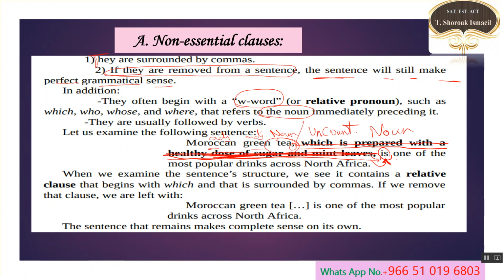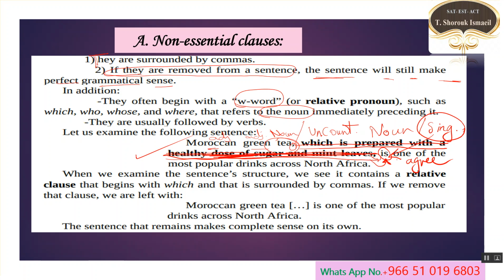Is. Let's have a look at my subject. My subject is an uncountable noun, which means it's singular. We deal with it as a singular noun. And my verb here is singular too. So both of them are singular, they match each other, which means it is a correct sentence.